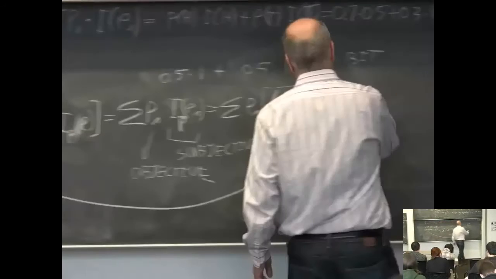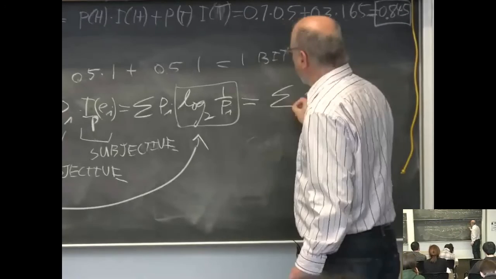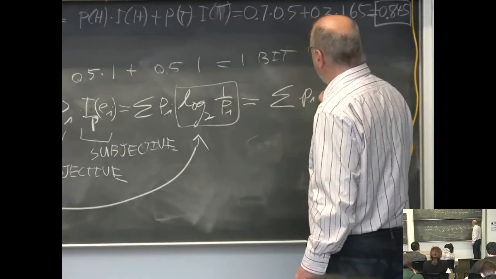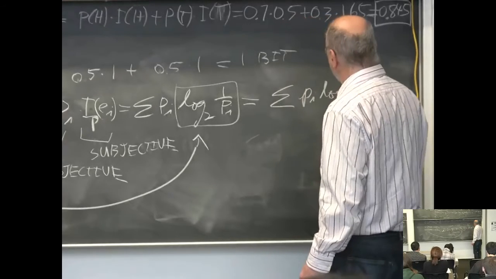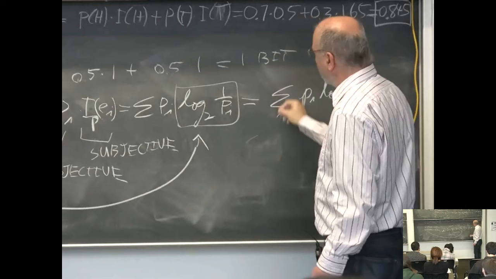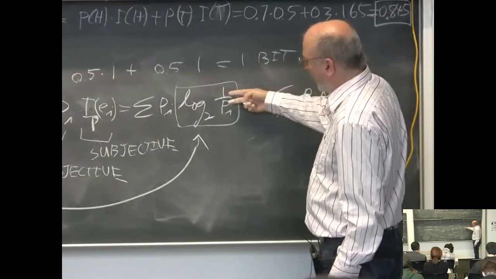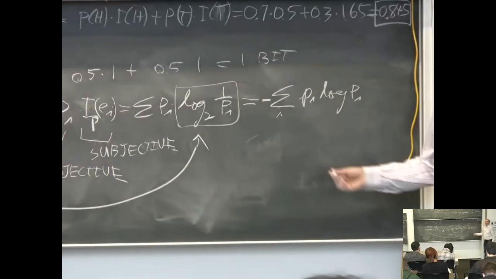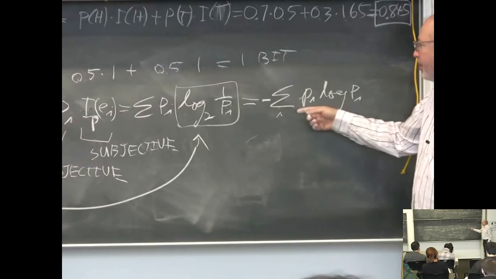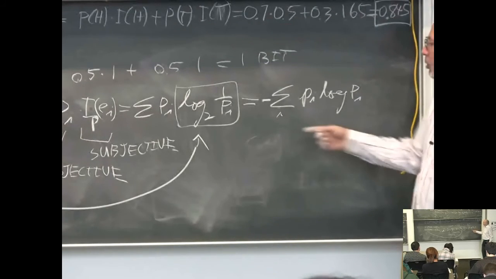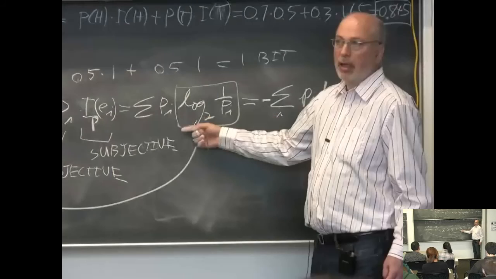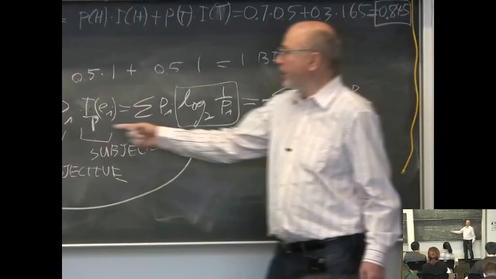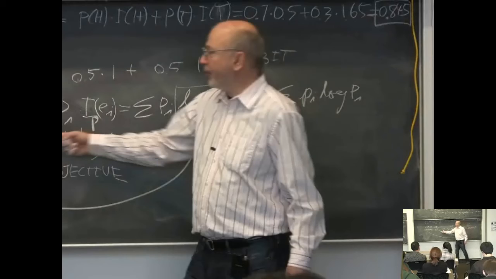Another common way of defining it would be the sum of Pi log Pi. And because we flipped the 1 over Pi to Pi, there's a negative sign that comes out. So you'll often see the entropy defined as negative sum Pi log Pi. I prefer to think about it this way.